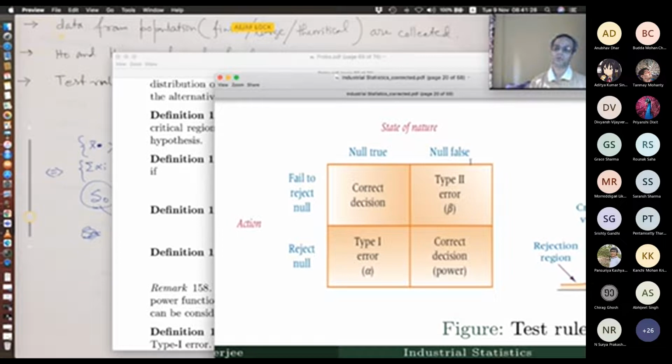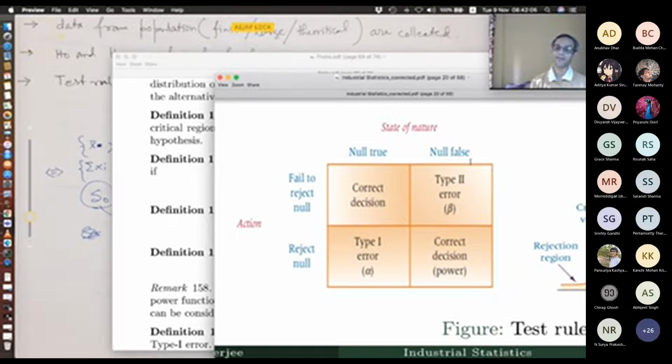In a similar way, rejecting the null hypothesis when it is true is supposed to be the more severe error. That's why it is called the type 1 error, and we don't want to commit such an error. As a consequence, we put a threshold on alpha, so we don't let the value of alpha be very high. Usually in practice, alpha is taken to be 0.05, 0.01 or 0.1.